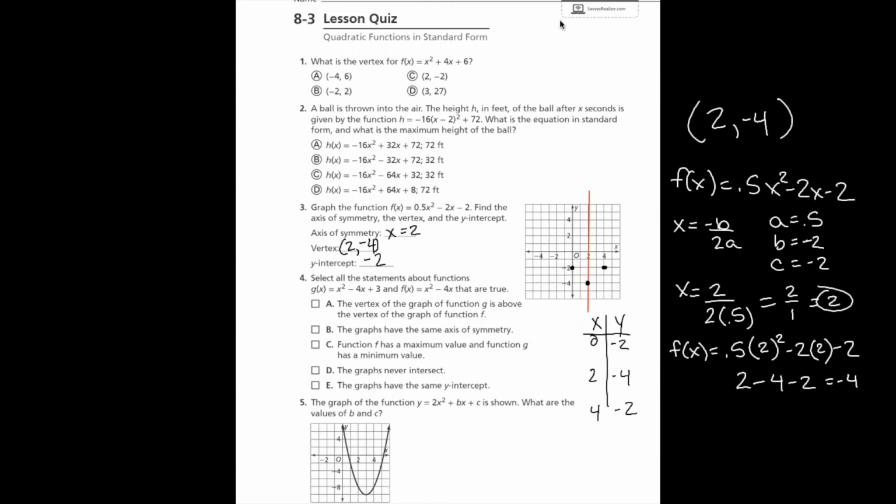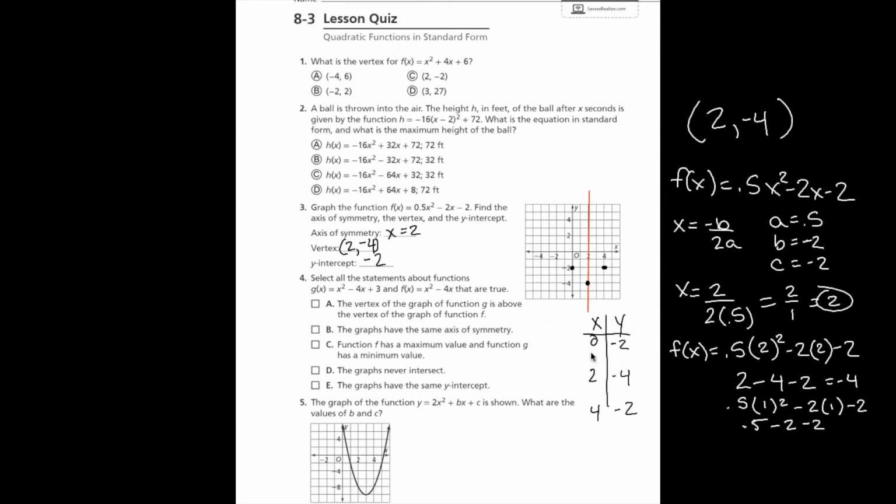So if I go back over to my equation, it would be 0.5, and then 1 squared minus 2 times 1 minus 2 again. 1 squared is 1, times 0.5 is 0.5. Negative 2 times 1 is negative 2, and then another negative 2. So 0.5 minus 2 is negative 1.5, and then minus 2 again is negative 3.5.